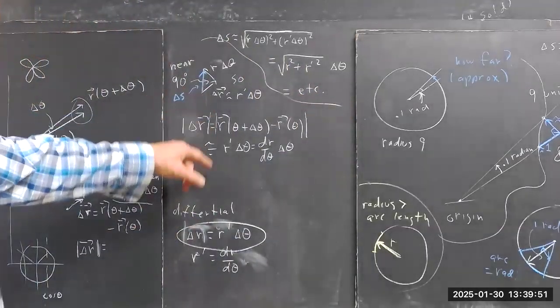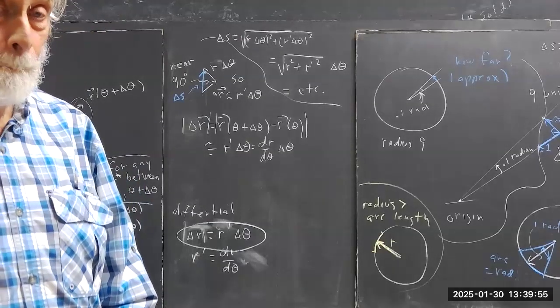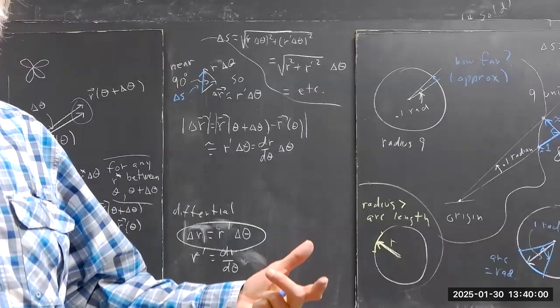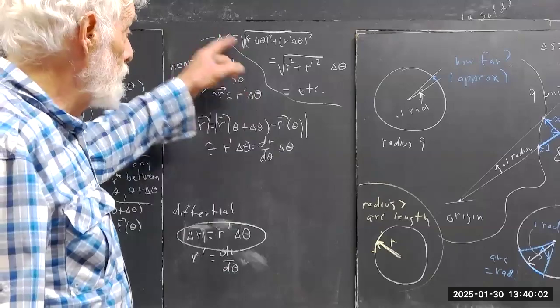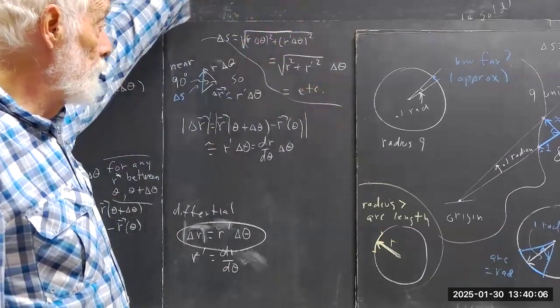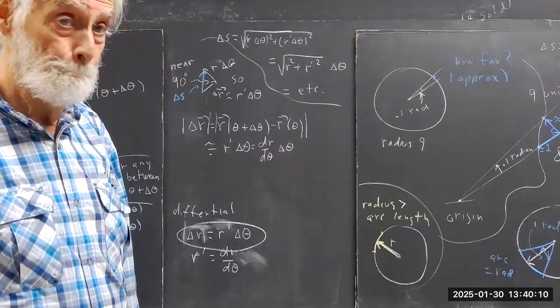But that's where it comes from. You can see a derivation fairly similar to this. Okay. That's your arc length element, the increment of arc length. You let delta theta go to 0 and do an integral.